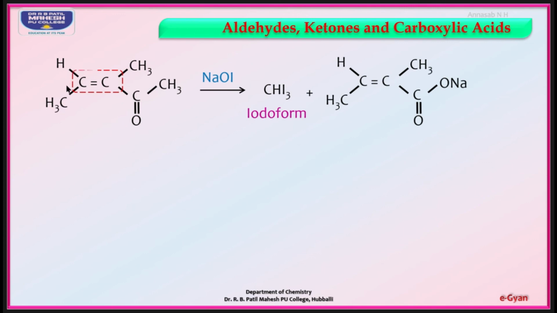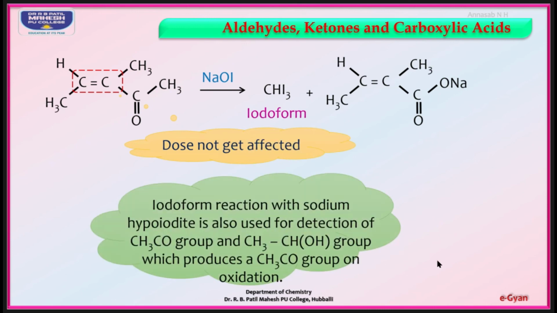The formation of iodoform is not going to affect the carbon-carbon double bond in the molecule. This iodoform reaction with sodium hypoiodite is used to distinguish CH3CO and CH3CHOH groups in the molecule, because the iodoform reaction is possible only for methyl carbonyl groups.